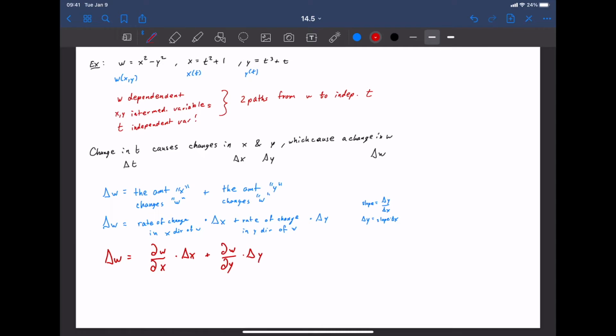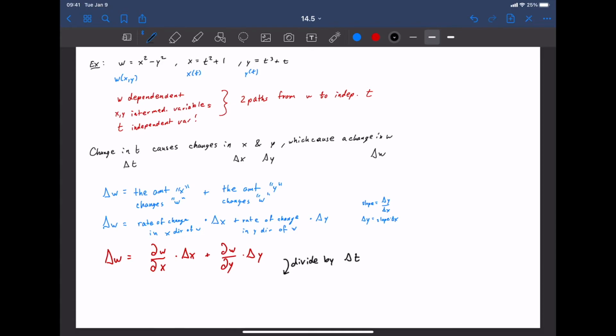And so if we wanted to find the slope in w, we might divide by the change in time to get this into a slope. If you're asking me what slope has to do with anything, remember, we're just trying to find, theoretically, the derivative here. That's what the chain rule is for.